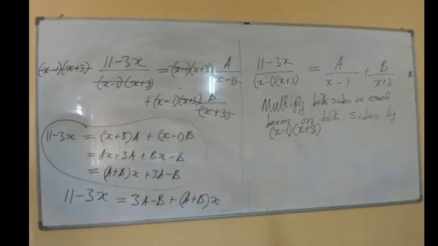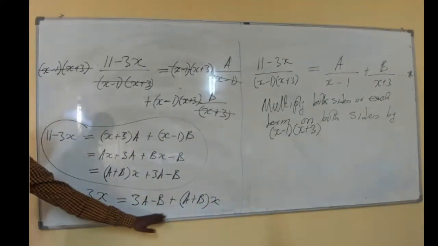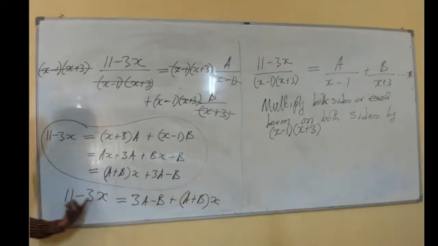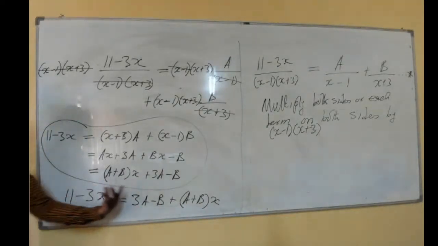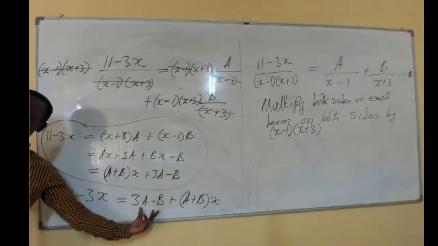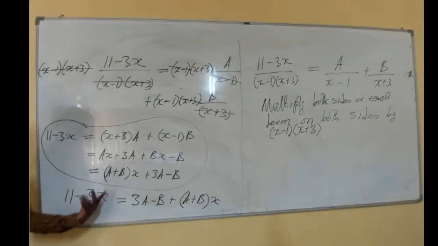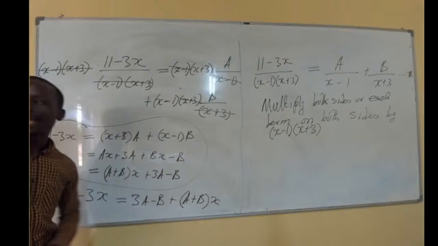After reaching this stage, when can these two be equal? These two can only be equal if the coefficients are the same. What do I mean by the coefficients? The constant coefficient on the left-hand side must be equal to the constant coefficient on the right-hand side. Also, the coefficient of x on the left-hand side must be equal to the coefficient of x on the right-hand side.